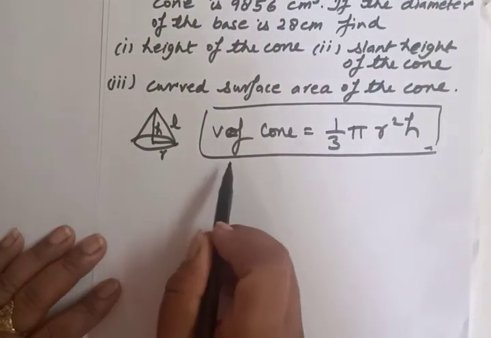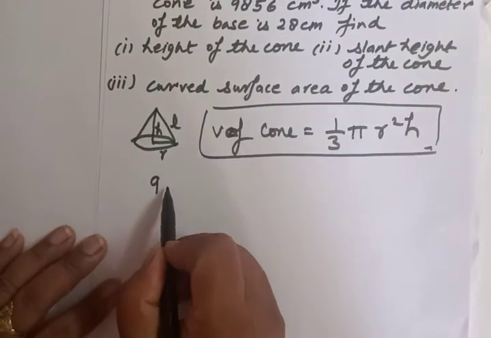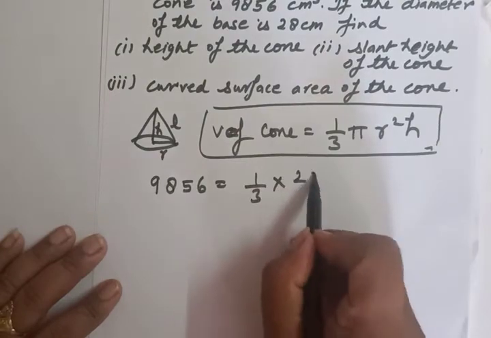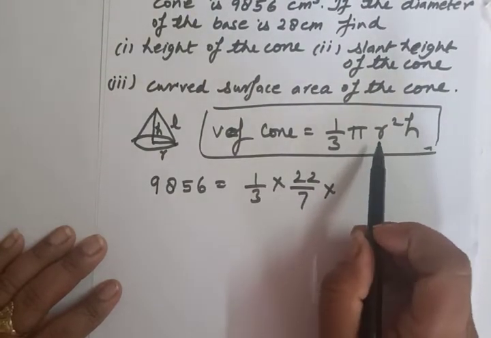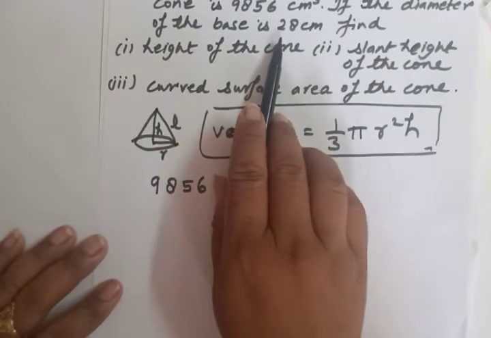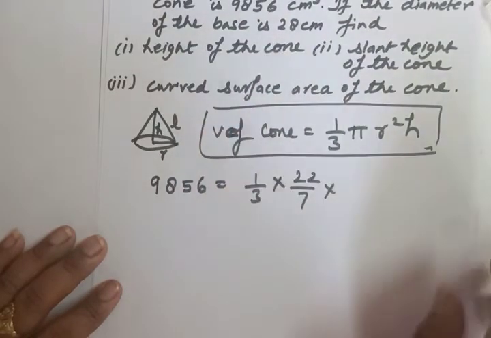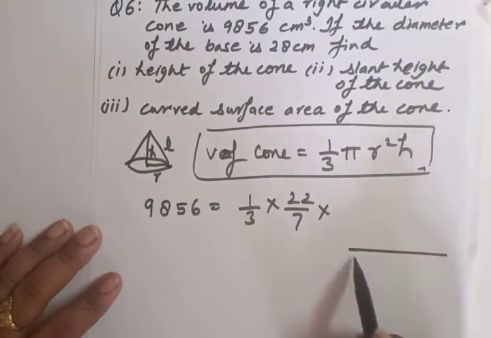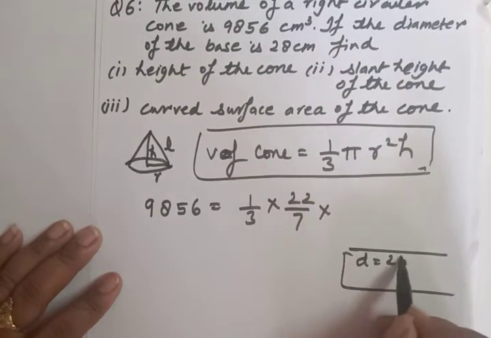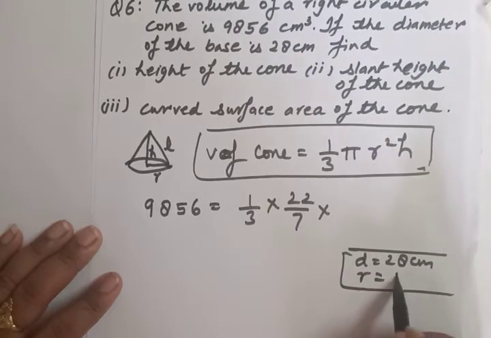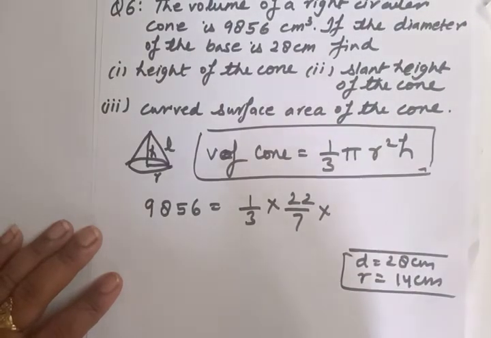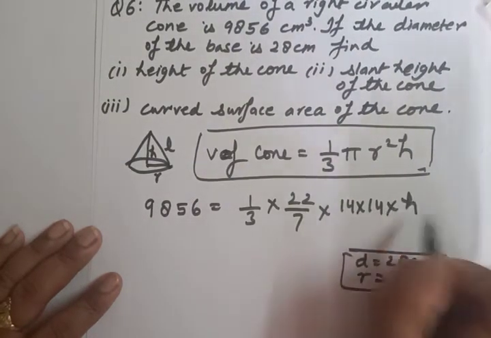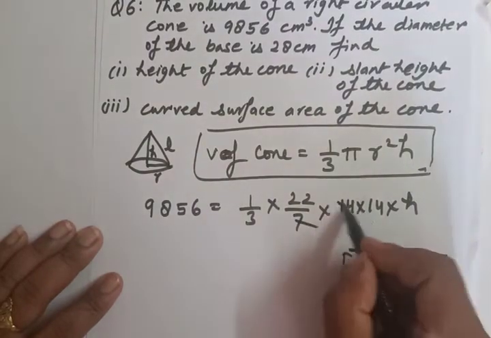Volume is given, 9856 is equal to 1/3 π, that is 22/7, and r: if the diameter of the base is 28 centimeter, the radius will be half of this, that is 14 centimeters. So d is 28 centimeter, r is 14 centimeter, 28 upon 2, into 14 into 14, and h we need to find out.